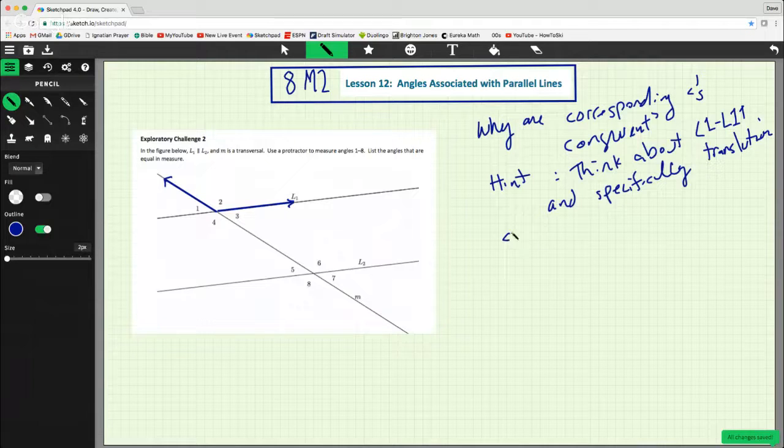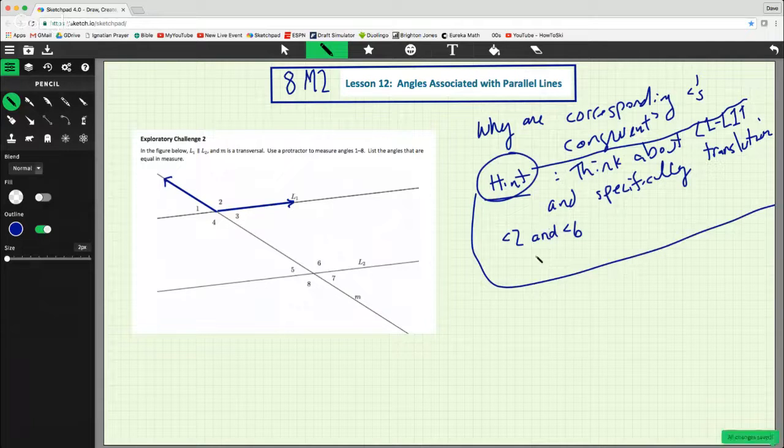So think about angle 2 and angle 6. Our hint is to think about lessons 1 to 11, translation, and angle 2 and angle 6.